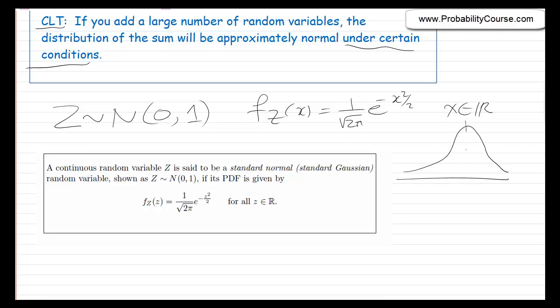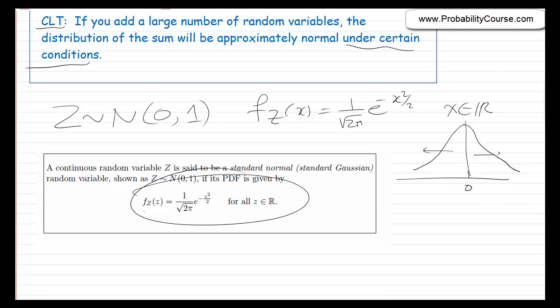If you plot the curve, it's going to look like this. I mean, it's going to be symmetric around 0. Anyway, so it decays exponentially as you move away from 0. And this is a formula: f_Z(z) is 1 over square root 2 pi e to the minus z squared over 2.